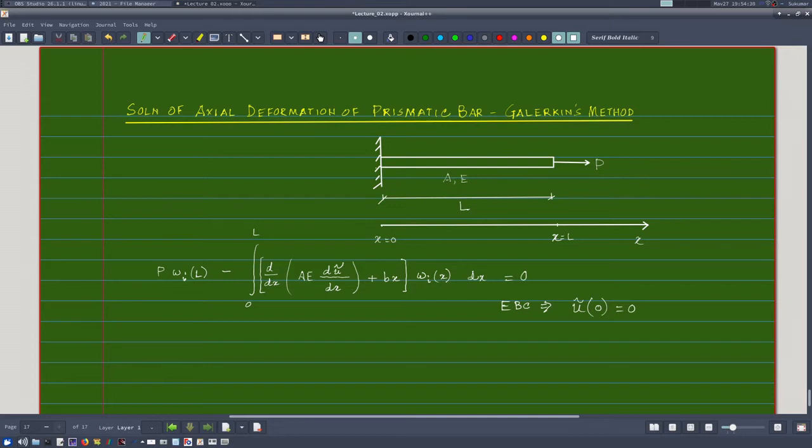Now in this method, you remember that we assume some approximate solution, which is my u tilde. So as a starting point, let us assume a linear polynomial.